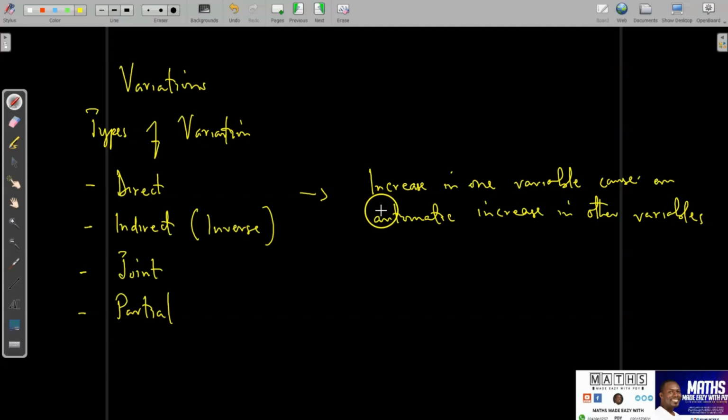Increases. Can you give me another example whereby as one variable increases, the other also increases? So I've considered fuel price. Automatically there will be an increase in fares of transport. Yes, can you give me another example, please?